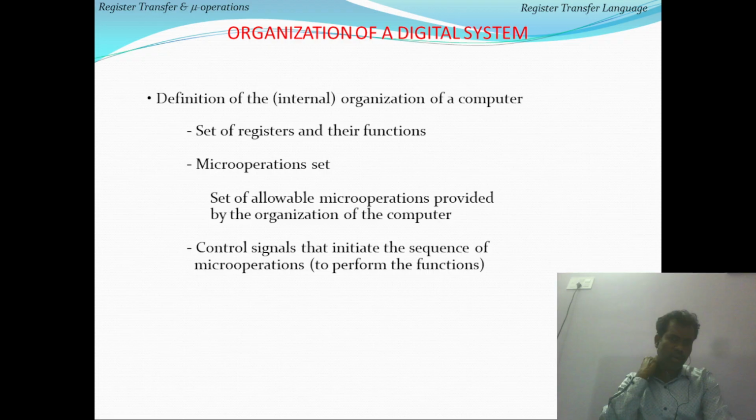Any processor can do some 10 micro operations, or some 15 micro operations; that set must be known. Also, how many registers are available in the processor should be known. And the control signals that initiate the sequence of the micro operations have to be understood to learn about the micro operations.